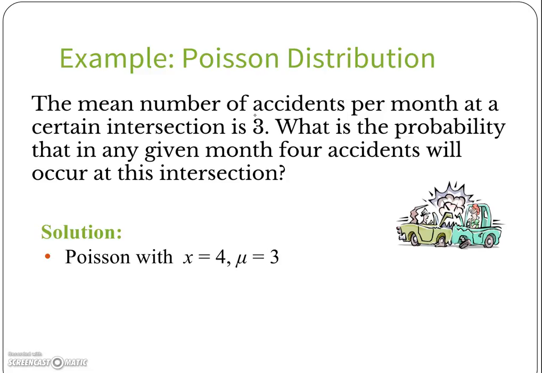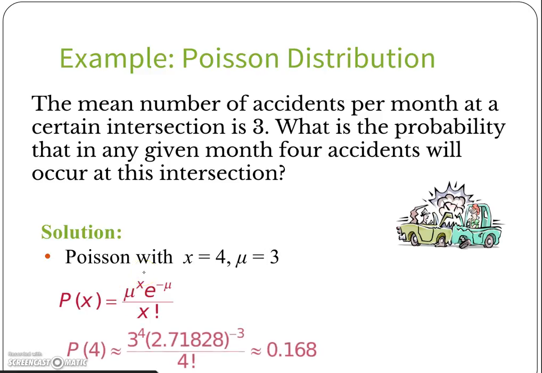So it's a Poisson distribution with x equals 4 and my mean equals 3. So I'm going to plug it into my Poisson formula. I'm going to plug in my x is 4 and I'm going to plug in my mean is 3. So when I plug in those numbers, remember e is about 2.7, we can just go ahead and press that button on your calculator instead of typing all of these numbers in.